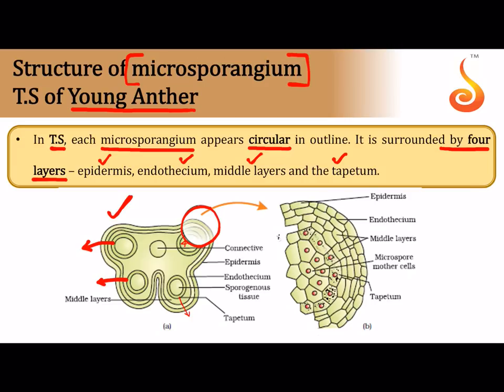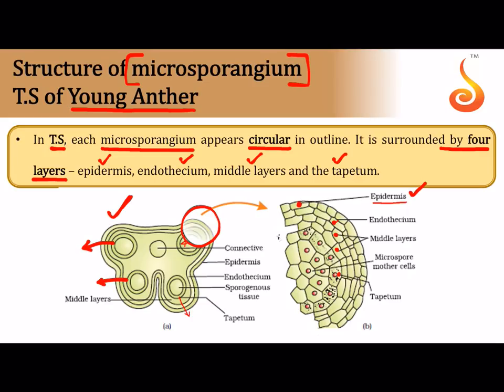Now see the layers in the wall of the anther. The outermost layer is the epidermis. This is the epidermis, correct? Inner to the epidermis you have the endothecium, and then you have the middle layers, and this is the innermost layer, the one next to the actual microsporangium that you can see, which is referred to as the tapetum. So how many layers is the microsporangium surrounded by? There are 4 layers in the wall of the anther.